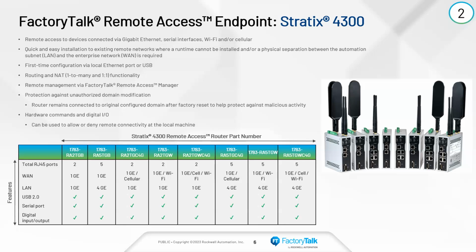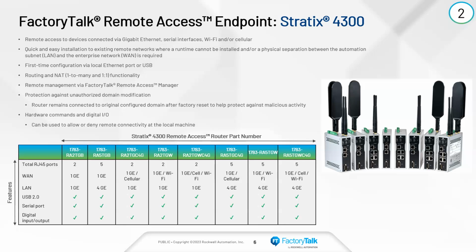So one advantage of using some of the Rockwell Automation hardware is that the remote access endpoints and entitlements will come on certain devices. One is the FactoryTalk Remote Access endpoint Stratix 4300 remote access gateway. The Stratix 4300 is a remote access appliance that will allow you to make a connection to the wide area network to make that outbound secure connection back to the hub.